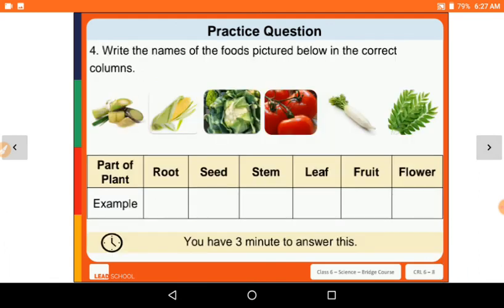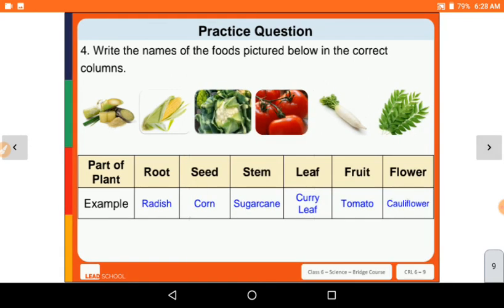Write the name of a food pictured below in the correct column. Okay, we have to write this in the right column. So first is sugarcane. Sugarcane can be classified into stem, corn into seed. Third is cauliflower, which can be classified as flower.